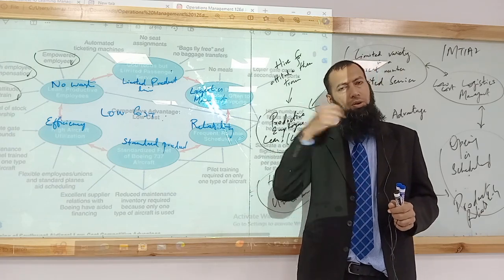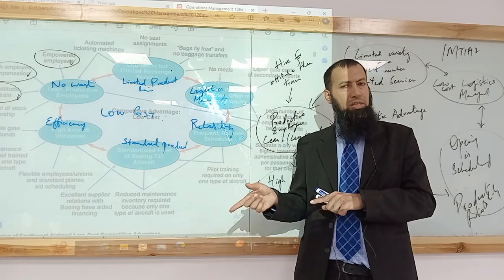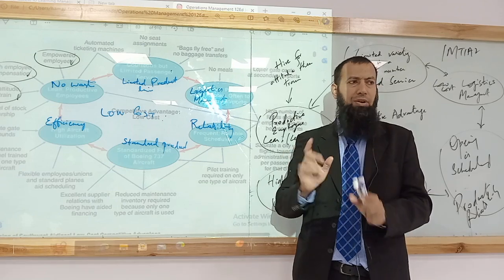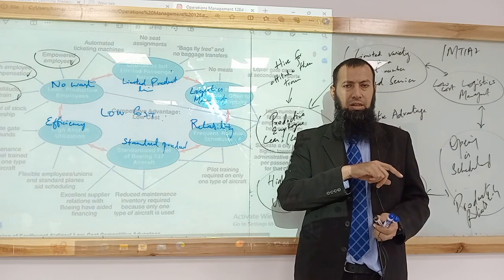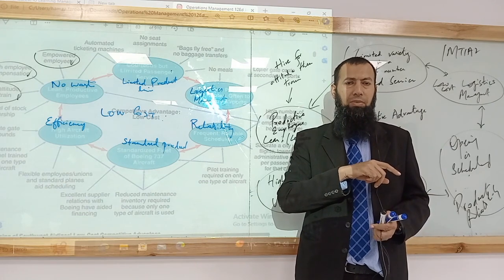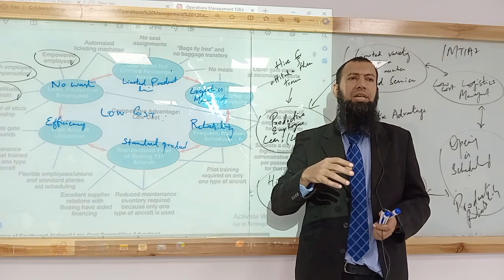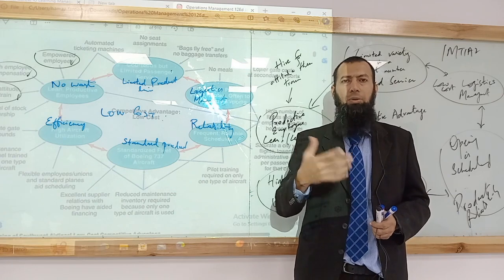When we talk about human resource outsourcing, we talk about contractual employees. When we talk about function outsourcing, we talk about the janitorial and cleaning services. A contractual employee is basically the outsourcing of human resource.